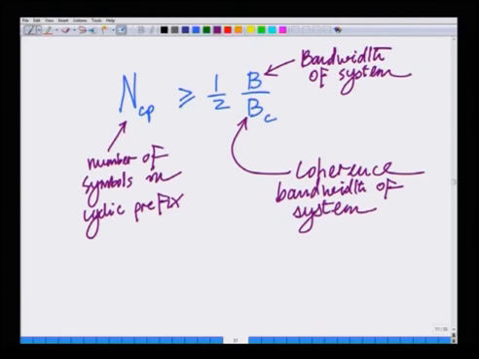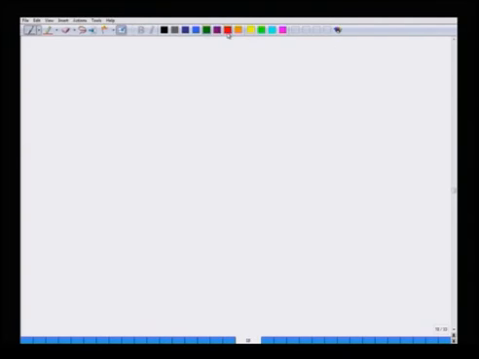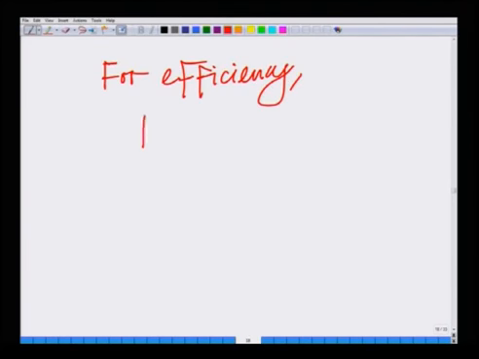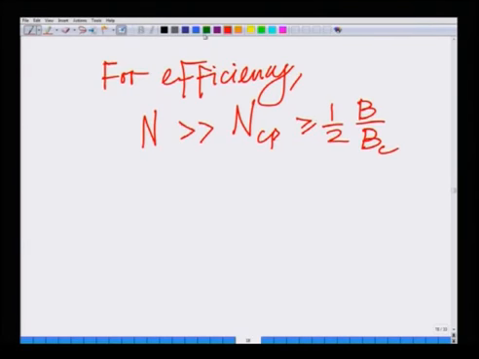Now also we said that for spectral efficiency, n is much greater than the number of cyclic prefix symbols. So for efficiency, on the other hand, we require n much greater than NCP, which is greater than or equal to half B over Bc.